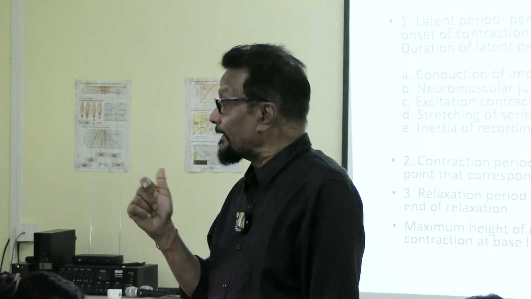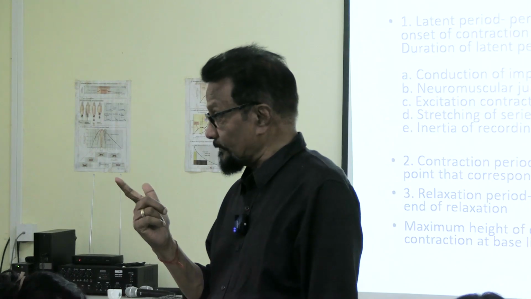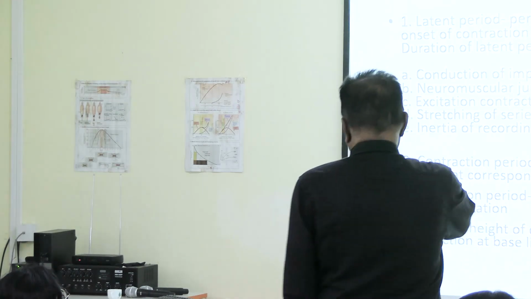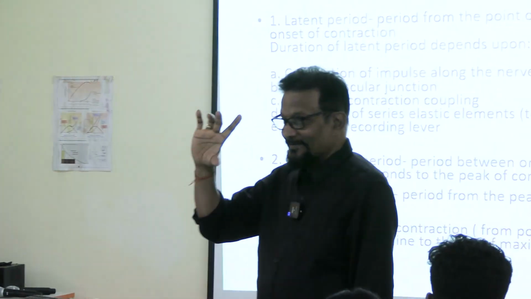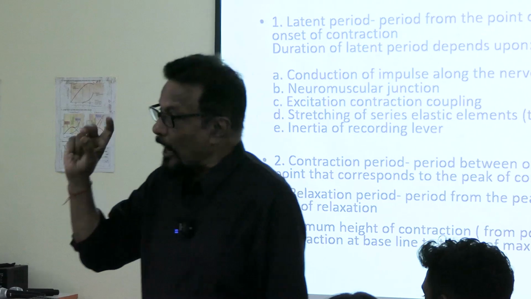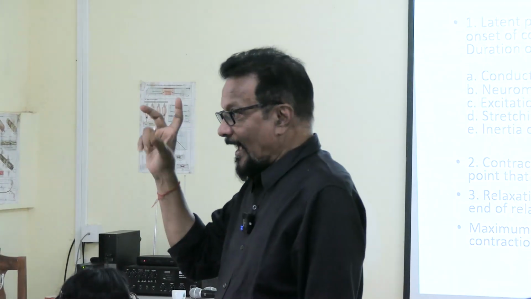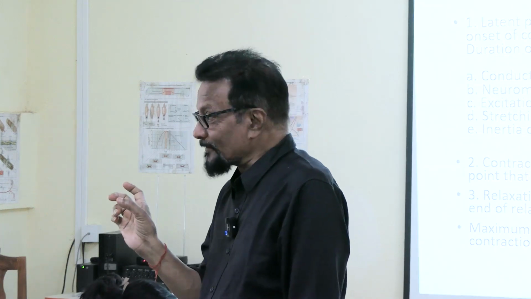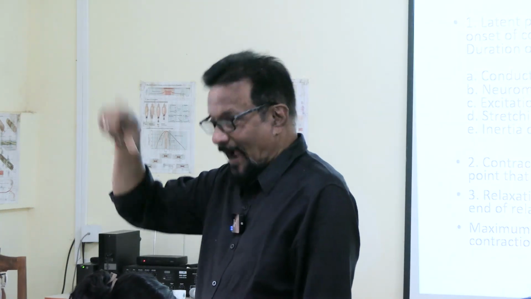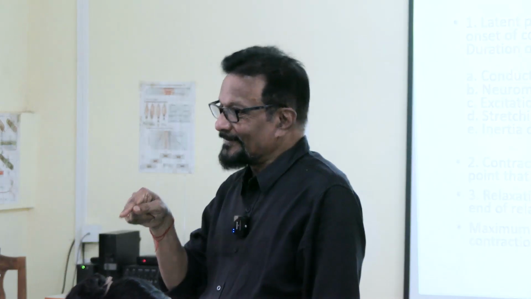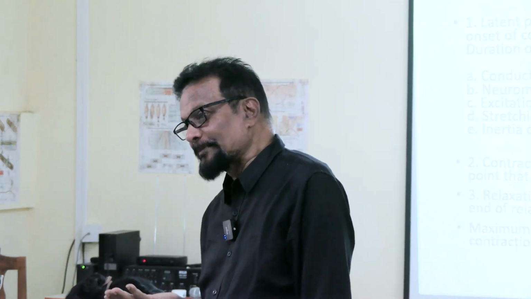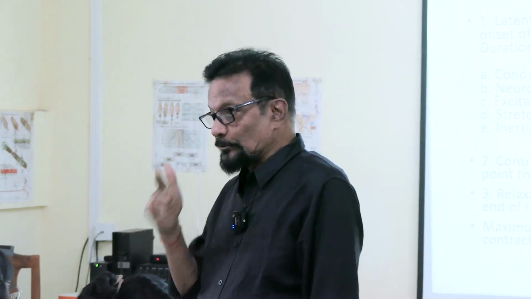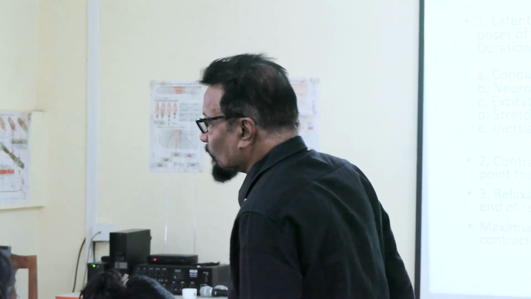So that is the rate of contraction. From height, I can determine how much contraction is made, and the duration is the contraction period. So divide the height by the time, then you will get the speed, that is, the rate. This way you can calculate the rate of contraction.